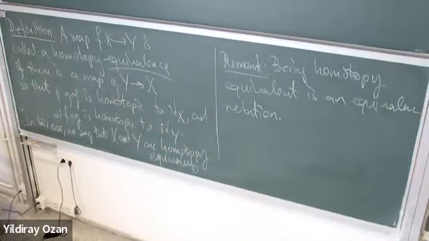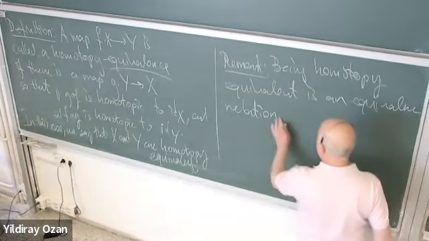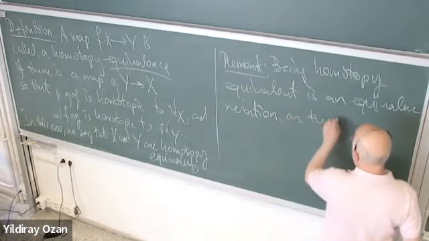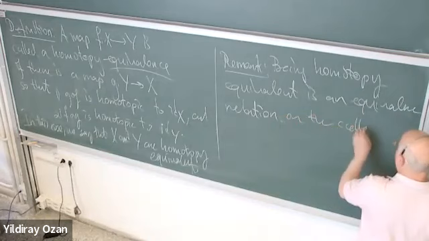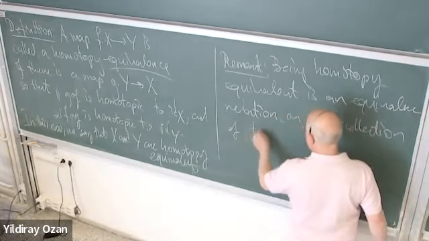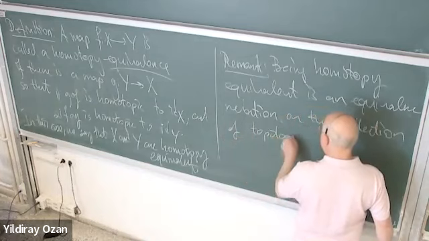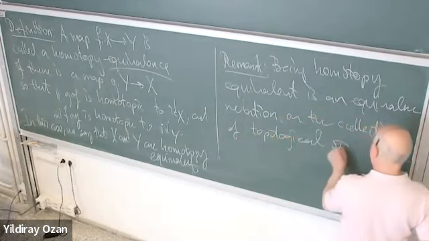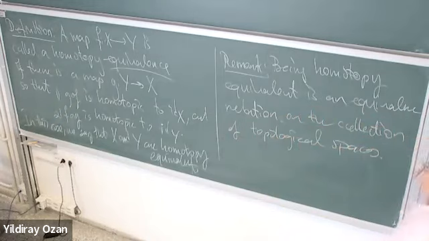Okay. Being homotopy equivalent is an equivalence relation on the collection of all topological spaces.